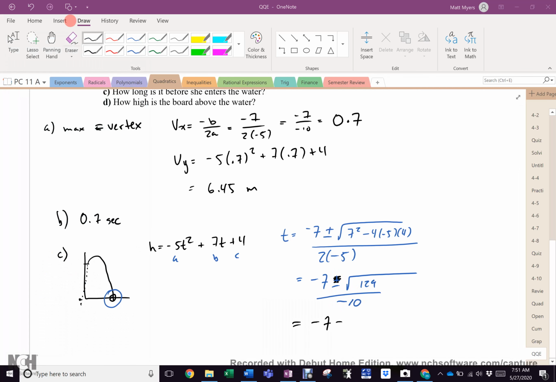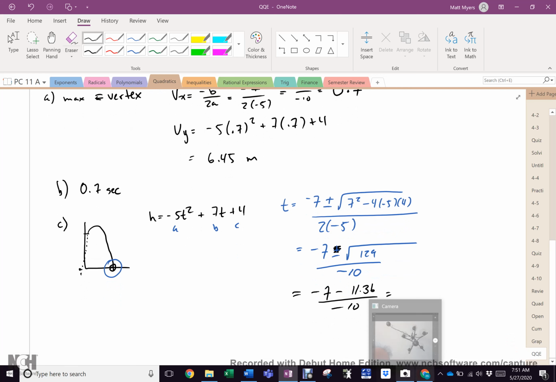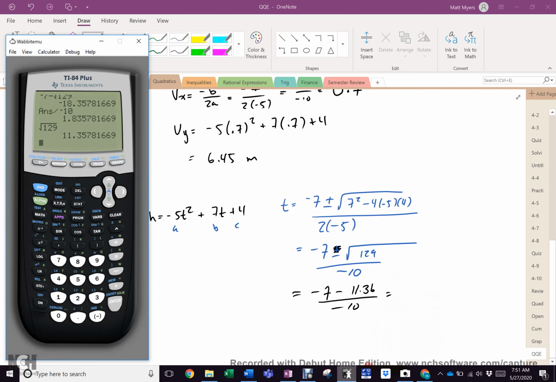So I can go negative 7 minus 11.36 over negative 10, which gets me an answer of, go back to my calculator, there's my root 129, so negative 7 minus my old answer, equals that, divided by negative 10. 1.84 seconds.